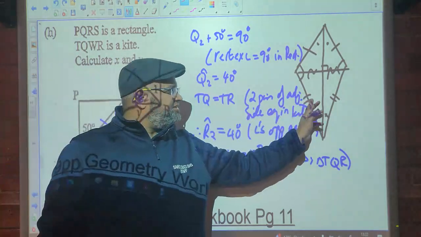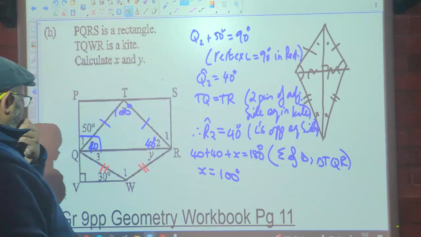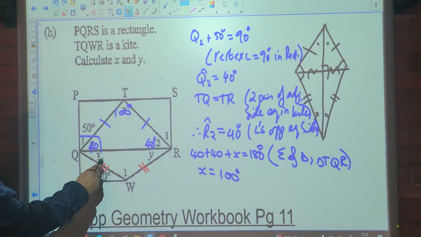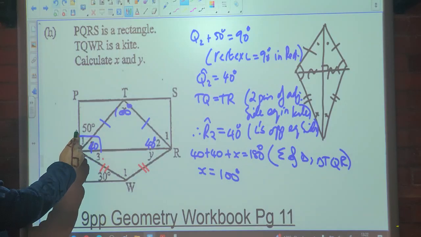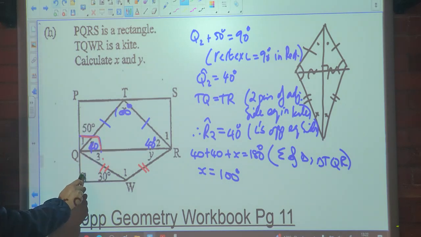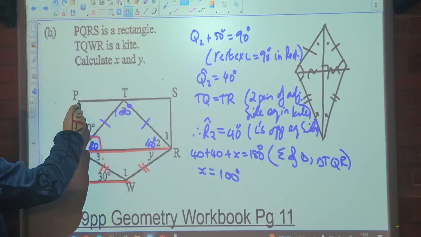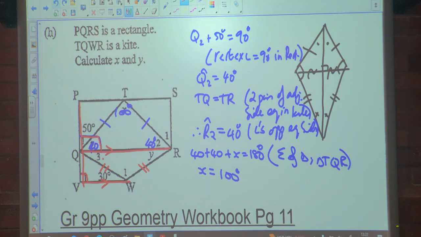Because the two lengths must also be equal in a kite. But we know that if we can get Q3, we've done the job. But say, hang on, this is 90 and this angle is 90. So what does that mean? That QR has to be parallel. Why? Because the corresponding angles are equal.